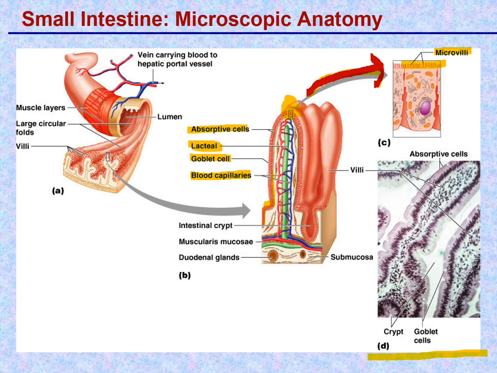There's a goblet cell there, there, and another one there. Here, there's two. There's one, there's one. So there are goblet cells all along, sprinkled all through that simple columnar epithelial layer. Let me just get rid of these circles.